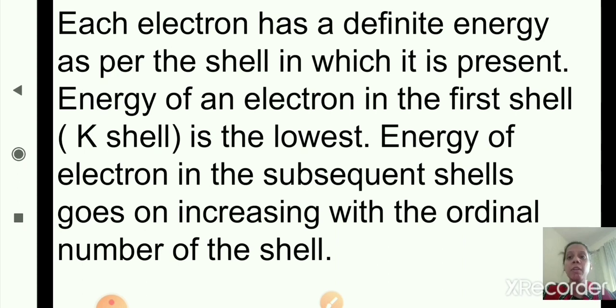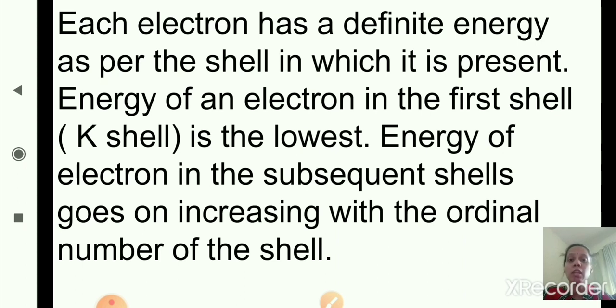So the energy of an electron in the first shell, K shell, is the lowest. The energy of electrons in the subsequent shells goes on increasing, from K shell to L shell. As compared to K shell, the energy level of L shell is more. Then we compare L shell and M shell.